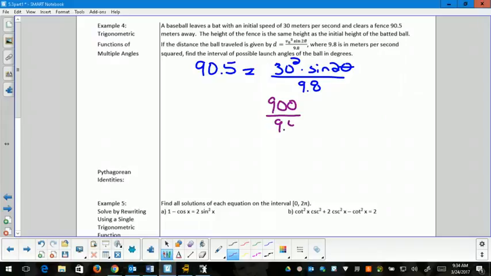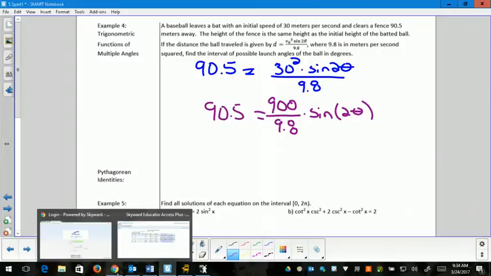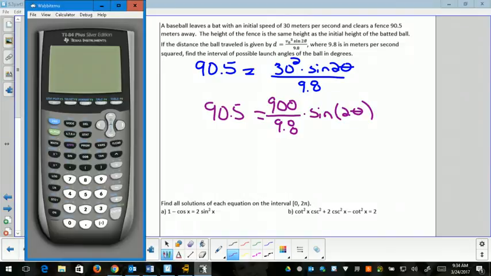So we have 900 over 9.8 times sine of 2 theta, and we will need a calculator because we're going to have to multiply by the reciprocal of that value. So on the calculator, we're going to do 90.5 times 9.8 over 900.